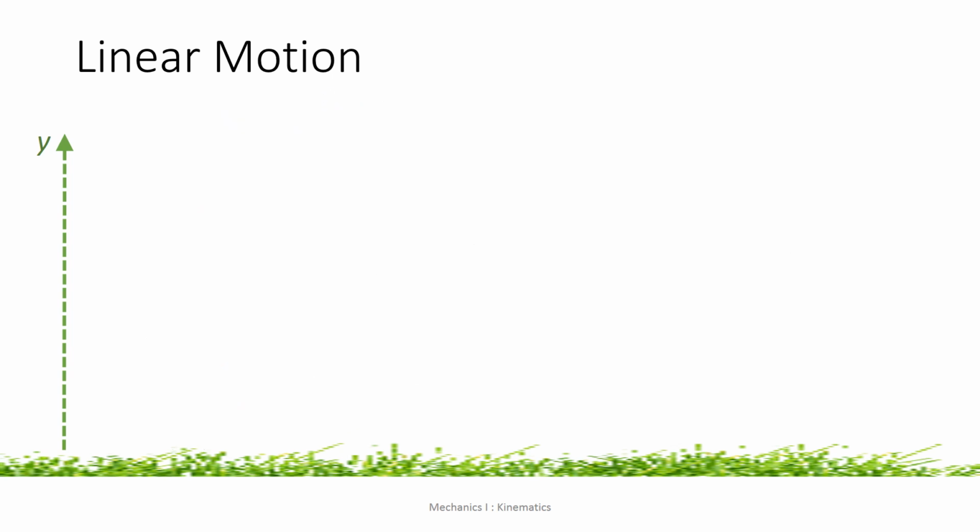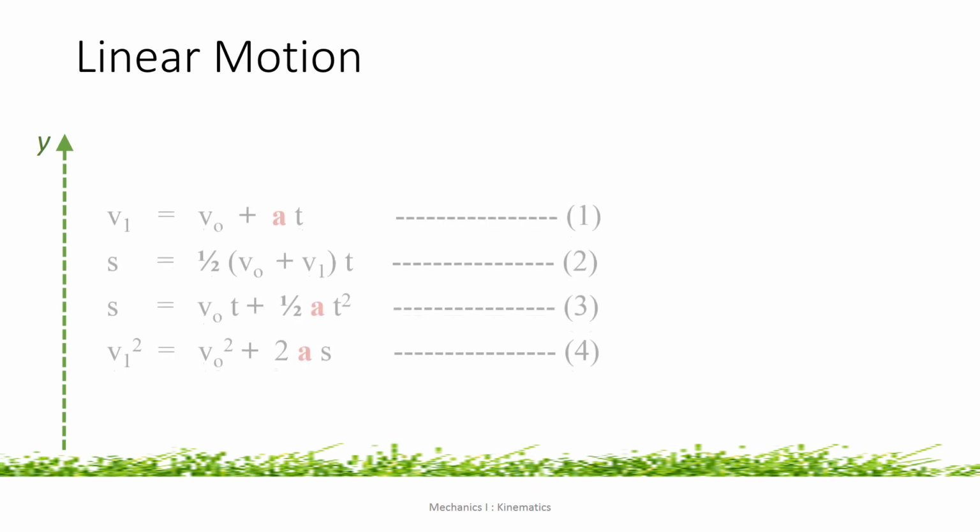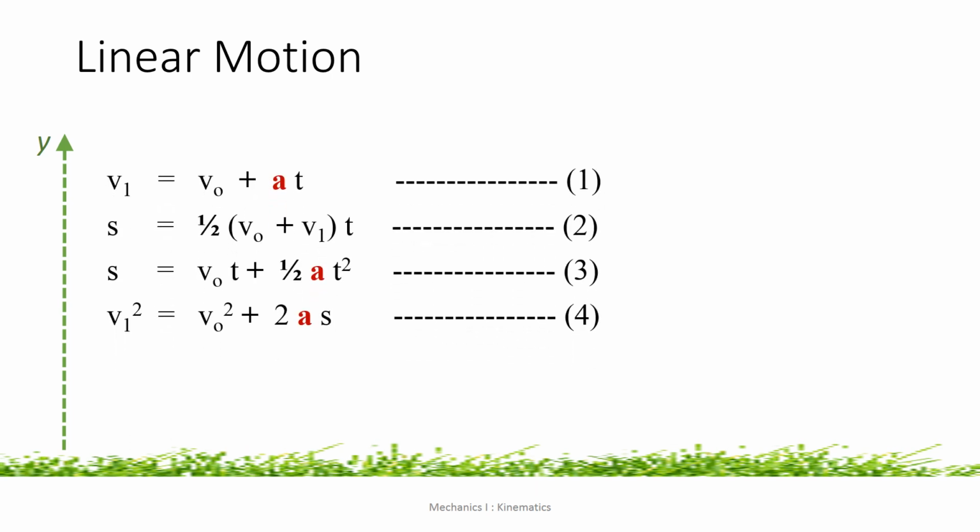So we have covered horizontal linear motion, and today we extend it along the vertical direction. And again, both share the same set of kinematics formulas. The difference lies with the parameter acceleration a. And the differences are: a for linear vertical motion is taken as 9.81 meter per second square.